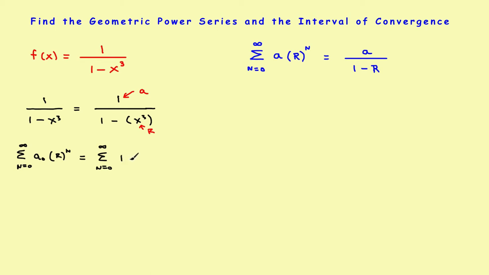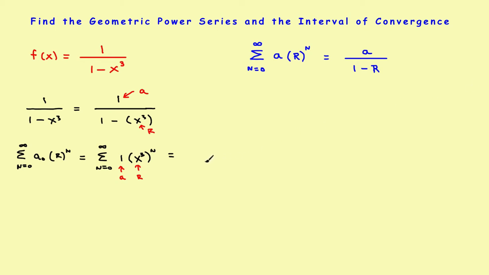So I'm going to have a 1 here times, and then in place of r is going to be x cubed. So this will be x cubed raised to the n power. Now again, as I write this out, this is a, or a sub 0, and this is r. So I've got the a and the r.